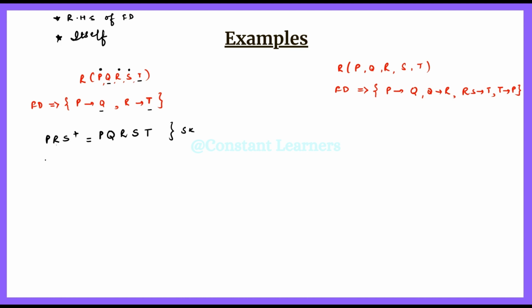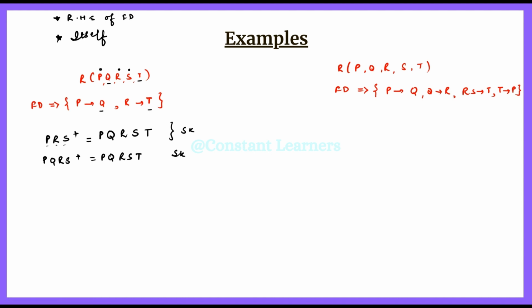Alright. Now, if I add any attribute to this, let's say we take PQRS, the attribute closure of PQRS. PQRS, they will be able to determine themselves, right? And R can determine T. So this will also become a super key, right? If I take any combination of attributes here along with P, R and S, that will act as a super key.